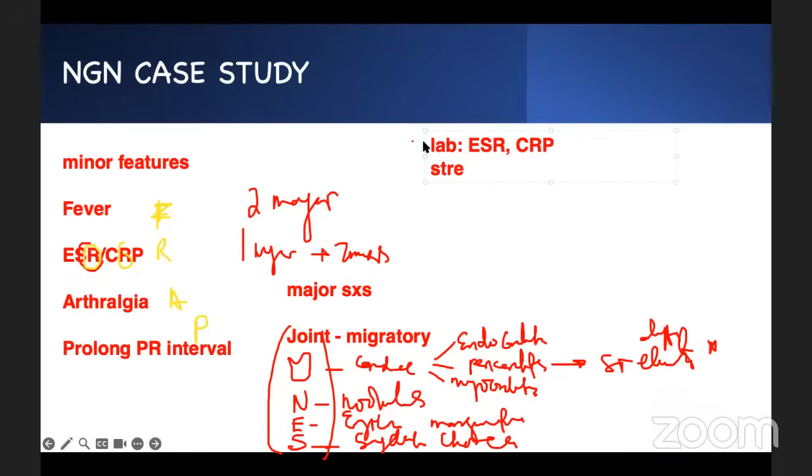It's called streptolysin O. So we would look for the Antistreptolysin O titer. So this is what you look for. If it's elevated, we know that the kid has rheumatic fever. That is very key. We want to prevent the major complication of this.